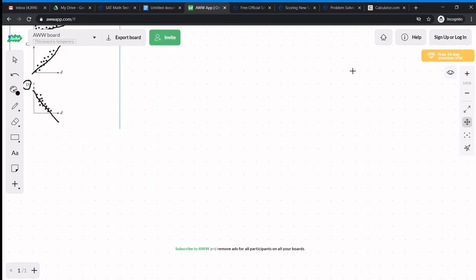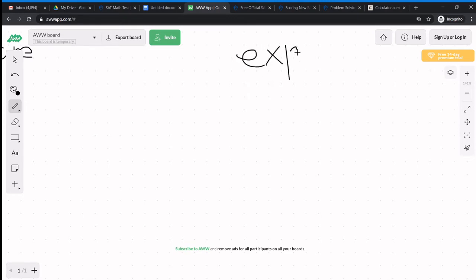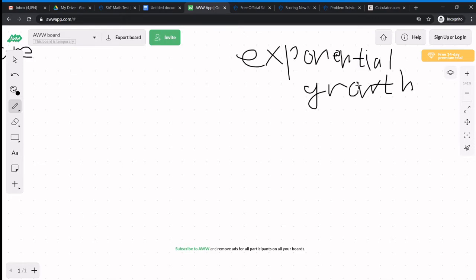And let's say I had a scatter plot that looked like, or I was asking which shows exponential growth. This is the key word for exponential functions.